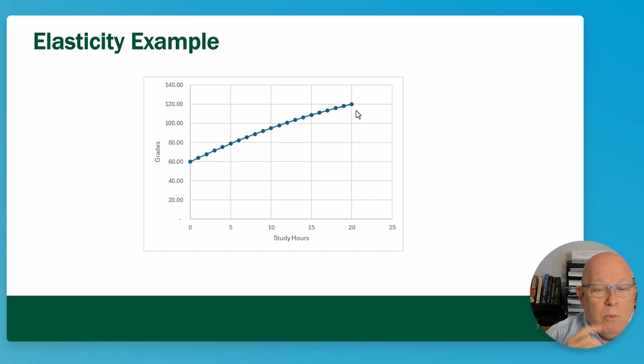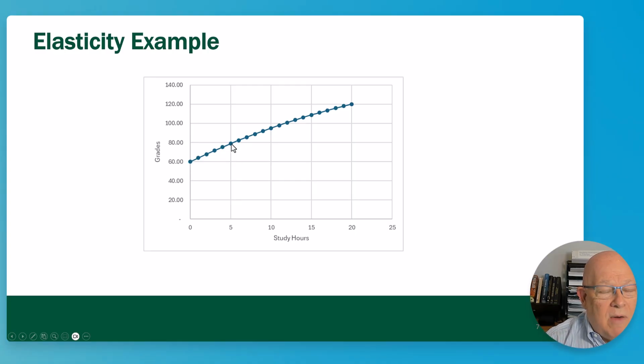So this is how it would look if we actually graphed it. We have the number of study hours on the right-hand side, and we have grades on the left-hand axis instead of prices here. We're relating grades to the number of hours studied. So, for example, if we don't do any studying, if S is 0, then we can expect to get about a 60%.